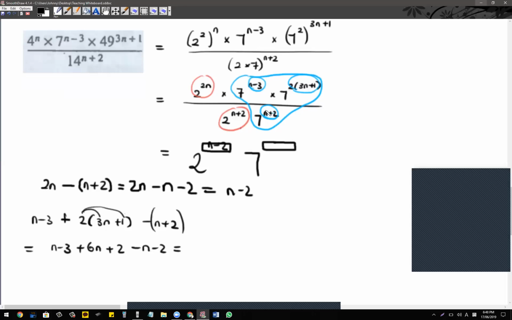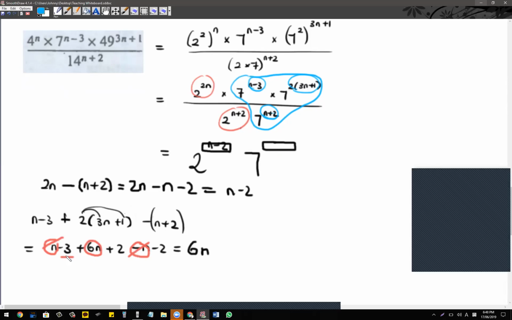So if you do the second one, that plus that minus this, you get something like this. You can see that this one here is n, 6n, negative n. So n and n cancel out, I get 6n. That's negative n, positive n.